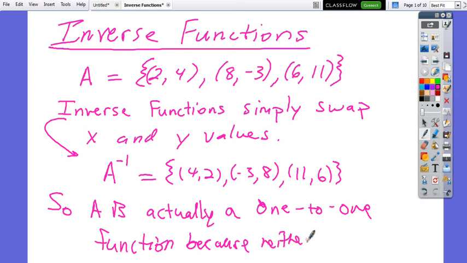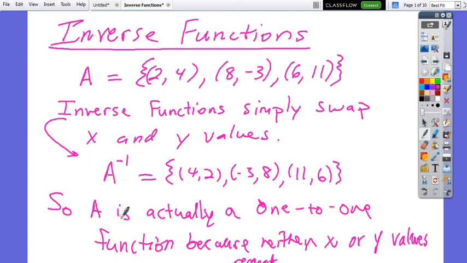So I'm going to say A is actually a one-to-one function because neither x nor y values repeat. So for a one-to-one function, the inverse will always be a function.